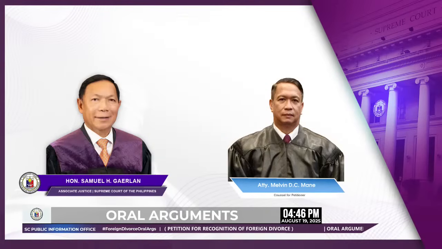Now, you argued that Republic versus Orbesido does not distinguish whether the divorce was obtained before or after the acquisition of foreign citizenship. How did you reach this conclusion? Yes, Your Honor, because in Orbesido, it was based on the perspective wherein the Filipina, or the former Filipino, who is now the foreigner, has already become a foreign national.